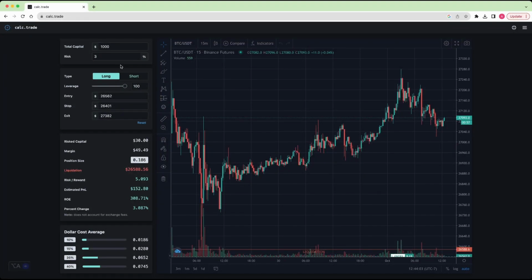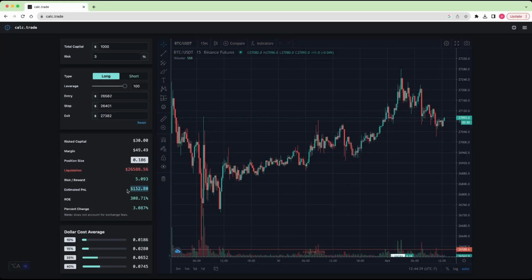For me, on a $1,000 account at 3% risk, I would have to place a trade of 0.186 against these parameters, the stop and the entry, and that would guarantee that if my stop gets triggered, I'm only going to lose $30 plus whatever the small fees are. I don't think it's going to be crazy on that, but the reward, there's the 5-to-1 risk to reward, slightly over for that $30 risk.